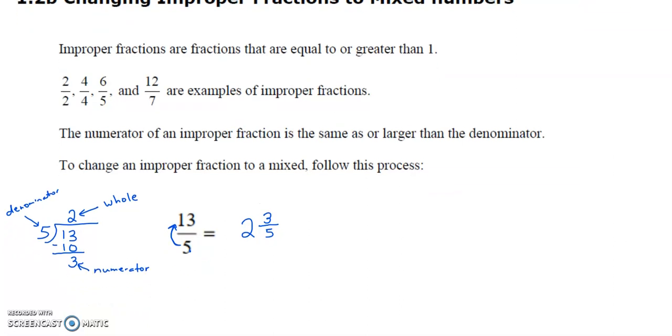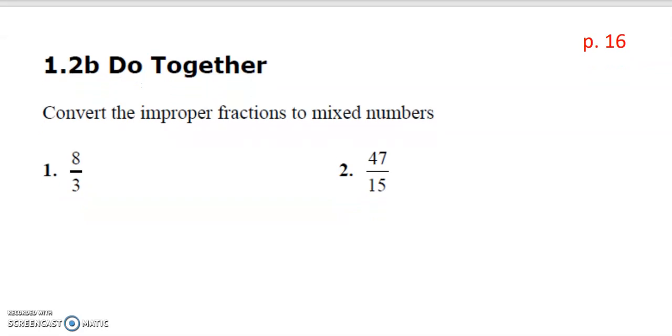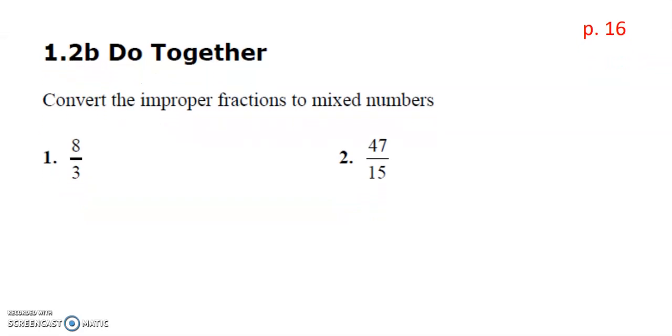So let's take a look at the exercise 1.2b do together, and we'll do these two questions together. We're going to convert improper fractions to mixed numbers by dividing up. How many times does 3 go into 8? 3 goes into 8 2 whole times. 3 times 2 is 6, so when we subtract 6 from 8, we get 2 as a remainder.